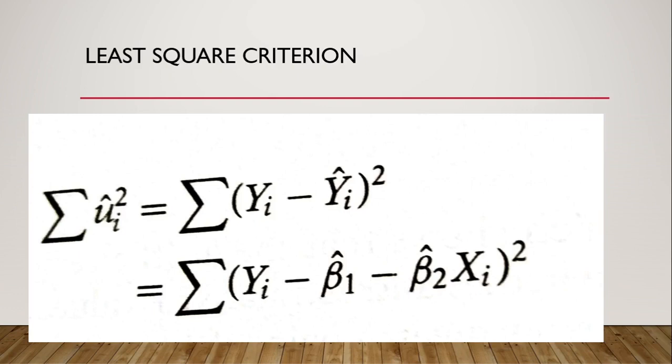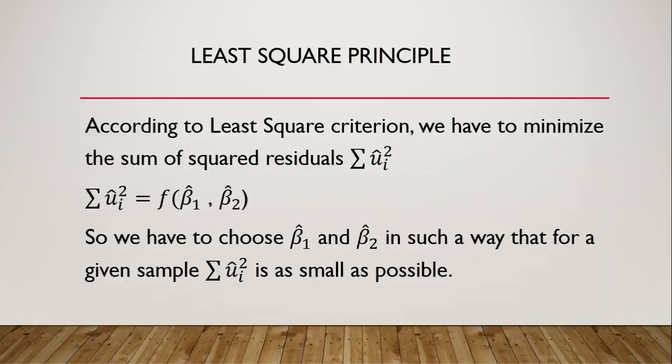So sigma ui hat square is the sum of the squared residuals, and here we have to minimize it. And when we substitute the value of yi hat, we get sigma ui hat square is equal to sigma yi minus beta 1 hat minus beta 2 hat xi the whole square. So we have to minimize this.